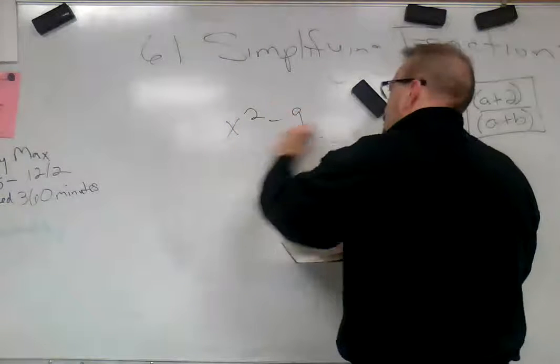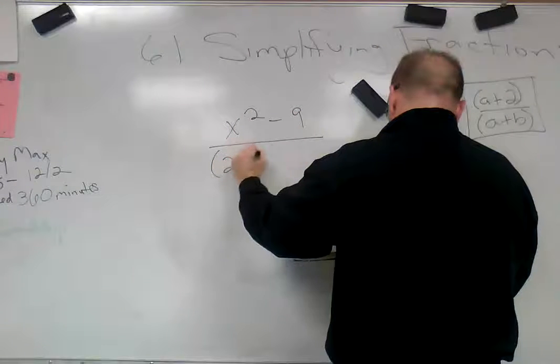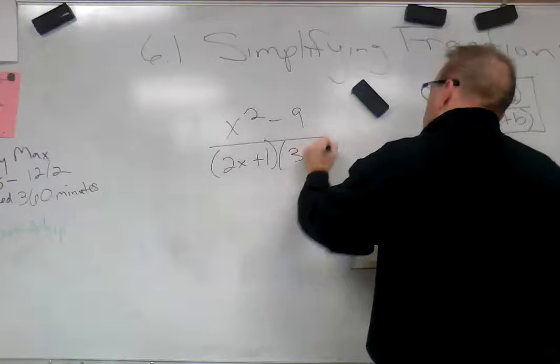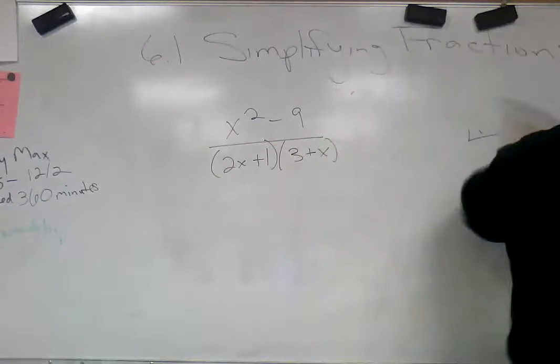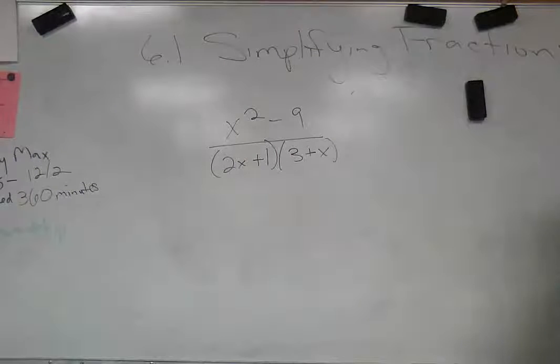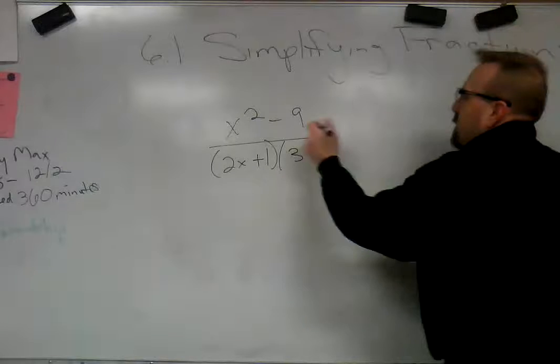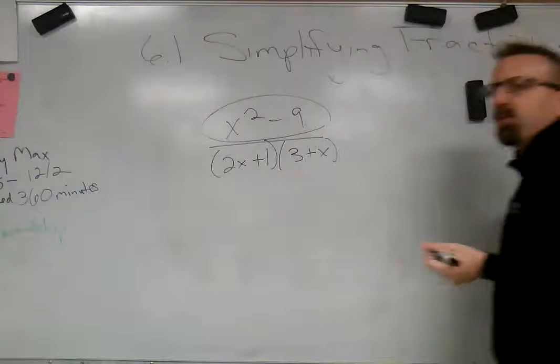x squared minus 9 over 2x plus 1 times 3 plus x. So the bottom, they've already factored out for us, which is helpful. Often it's not going to be that way. But the top, we look at, can we simplify that?